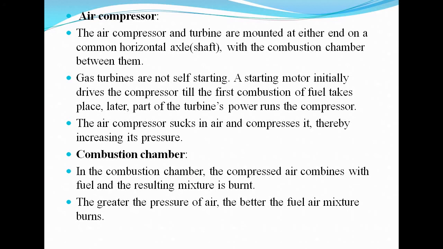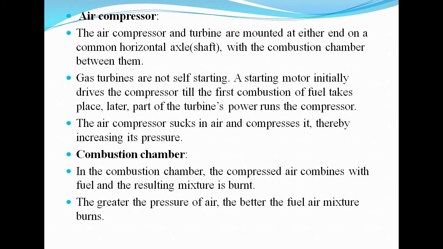Then about the combustion chamber. In the combustion chamber, the compressed air combines with fuel and the resulting mixture is burned. So inside the combustion chamber we have a mixture of fuel and compressed air, which is at high pressure, and inside it we will have ignition of fuel plus air.